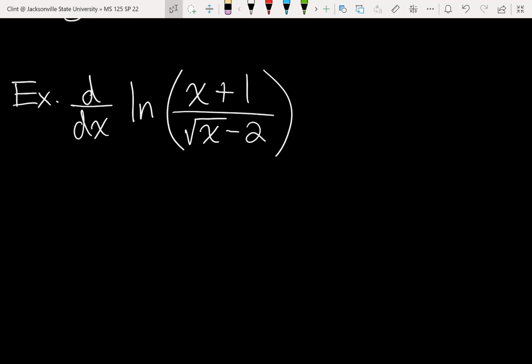Bear with me on this one. Let's do it two ways. Let's take the derivative just like it's written, and then let's use our logarithm properties, take the derivative, and see which one you prefer.